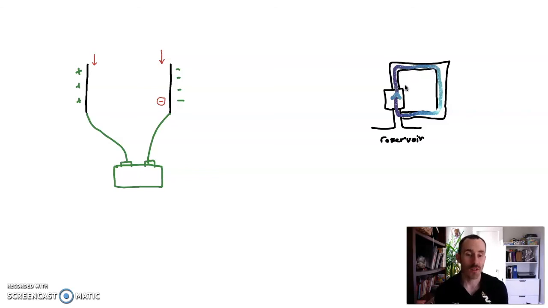Over here the water has a very high pressure. Let's say it's, I don't know, 75 pounds per square inch. As it goes through the circuit, it is losing pressure. And then once it makes it all the way back to here, it's got negligible pressure.